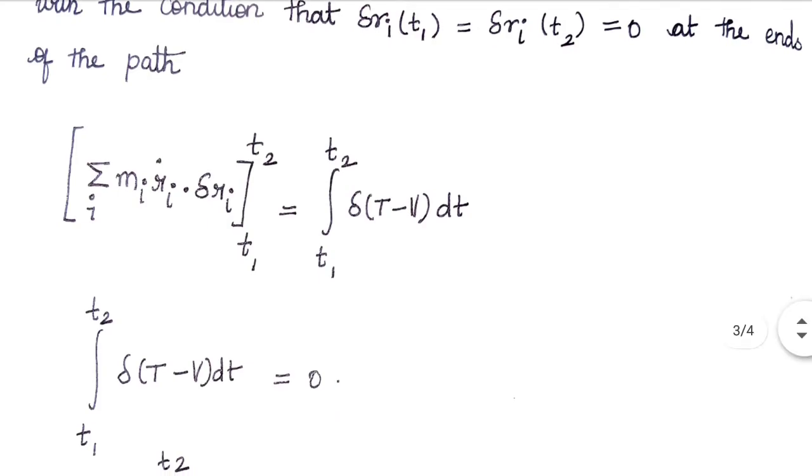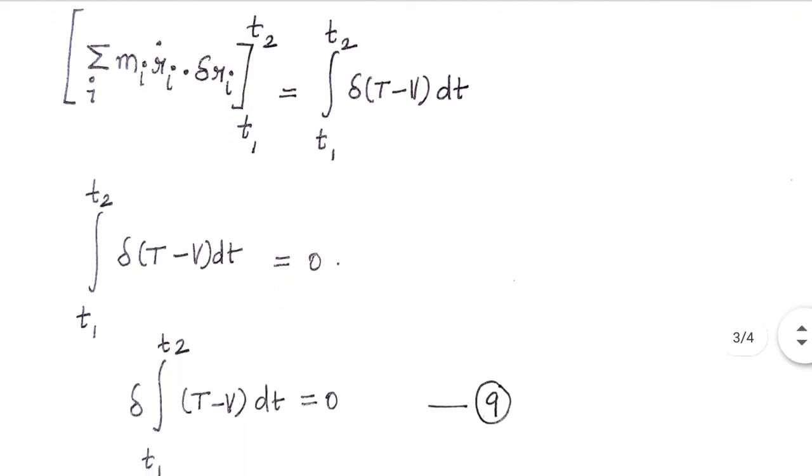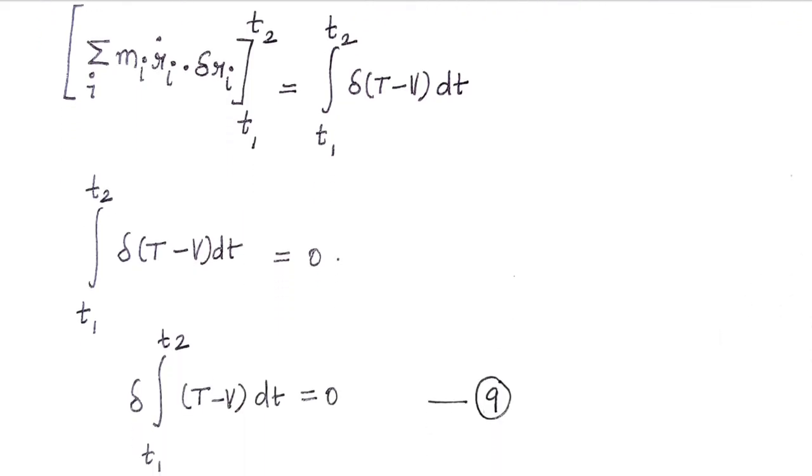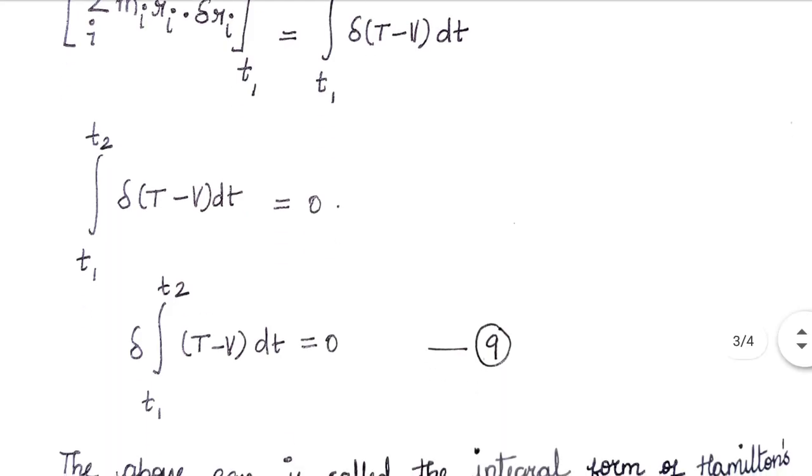We know m_i r_i dot δr_i at the limits t2 and t1 vanishes, so it is equal to 0. We are left with only the integral on the right-hand side: the integral from t1 to t2 of δ(T minus V) dt is equal to 0.